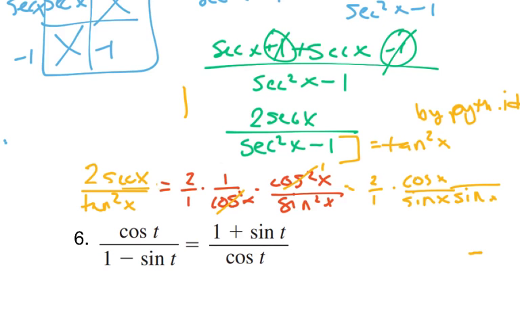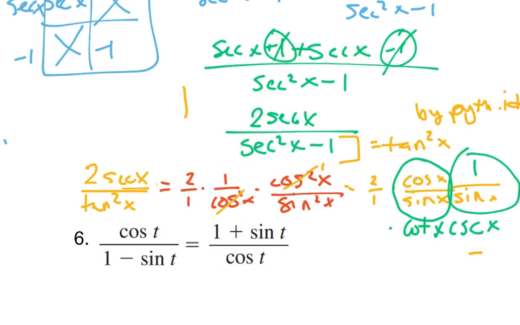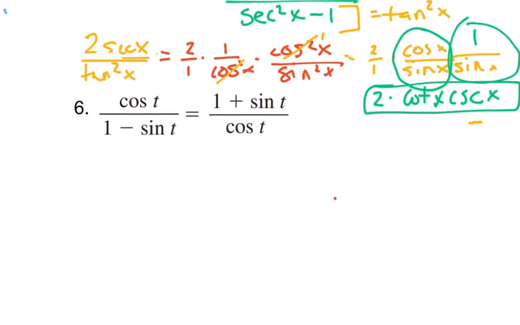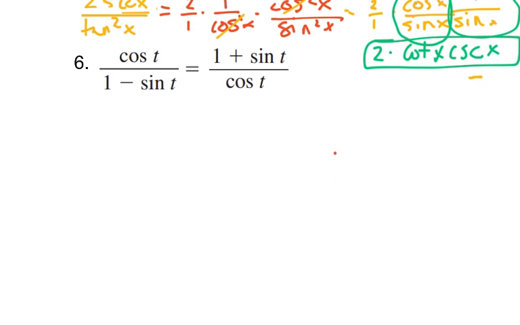And so cosine over sine is your cotangent. 1 over sine is your cosecant. And then, of course, 2. Alright, that works.